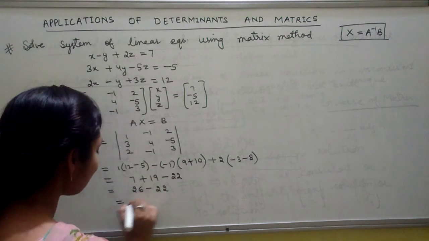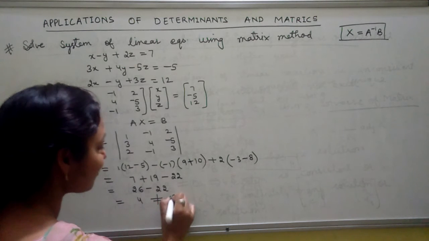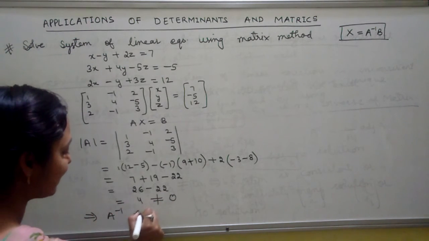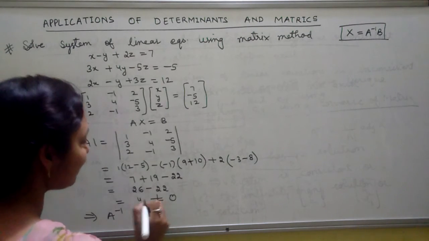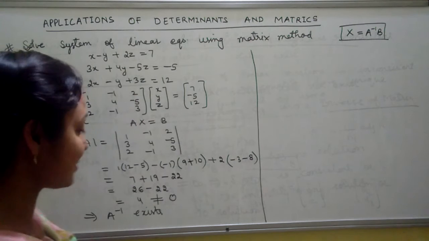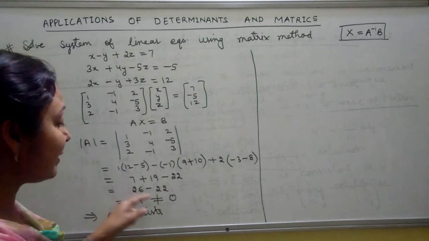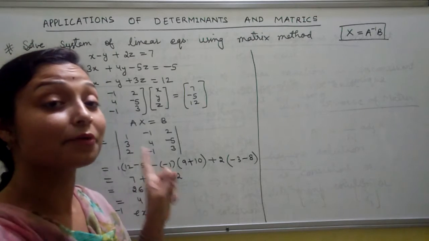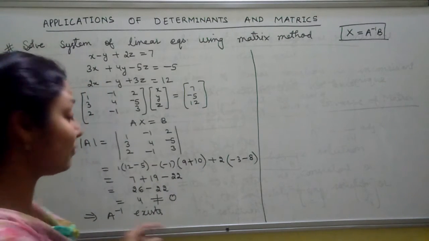That will equal 4, not equals to 0. This implies A inverse exists. Now we will work on finding the inverse. We have 26 minus 22, that is 4, not equals to 0. This is the sufficient and necessary condition to find the inverse.